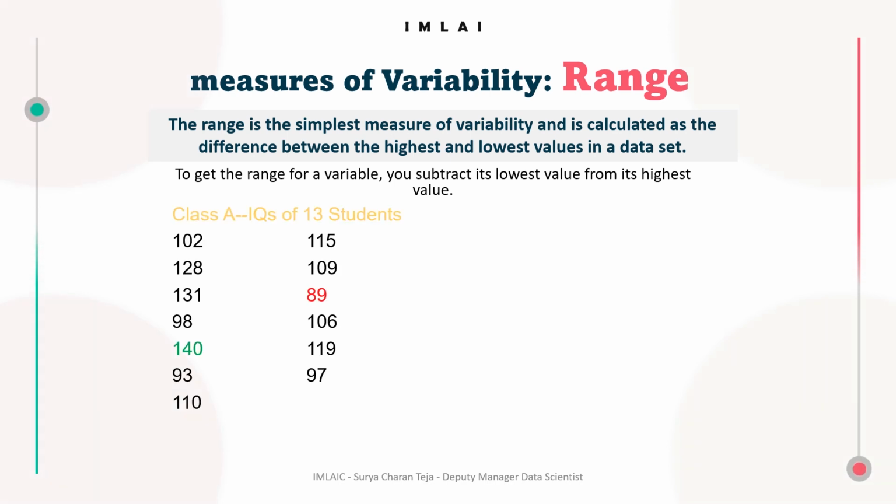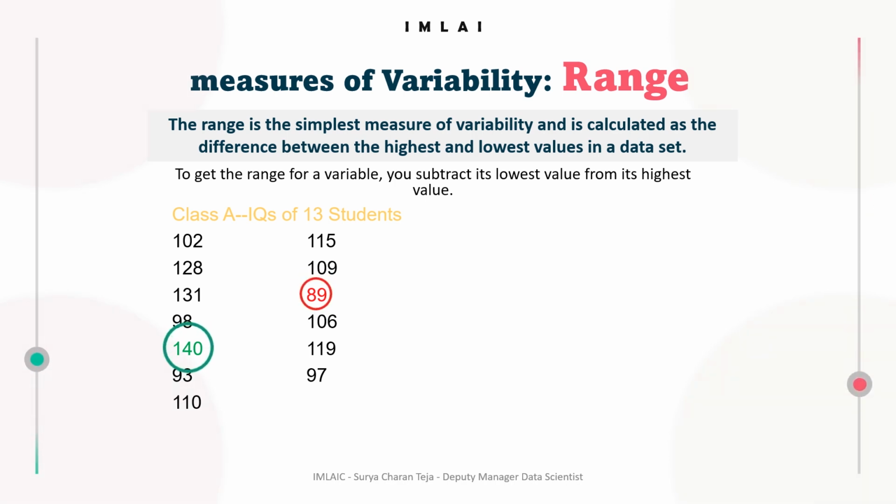So let's take this example. These are the IQs of class A students, of 13 students. Out of that, 89 is the lowest and 140 is the highest. So the student who has the lowest IQ was 89, and the student who has the highest IQ was 140.